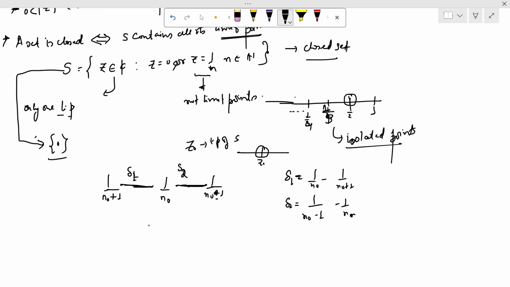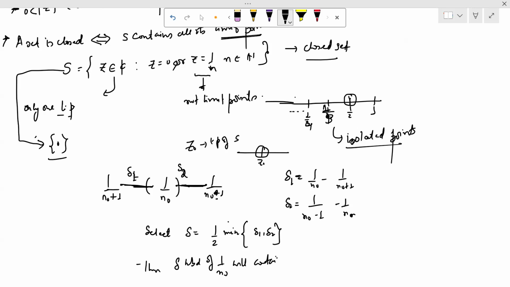If I select a neighborhood del, which is half of the minimum of del 1 comma del 2, then obviously whatever is the minimum of both, I just take half of it. So the del neighborhood of 1 upon n naught will contain only 1 upon n naught.